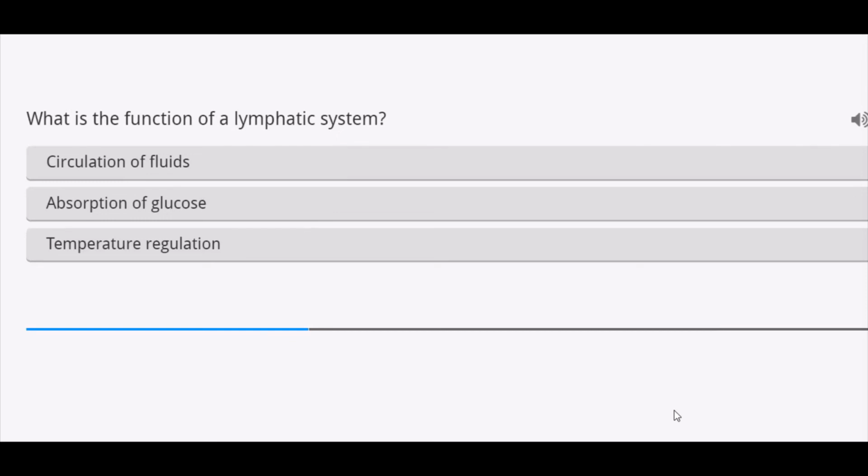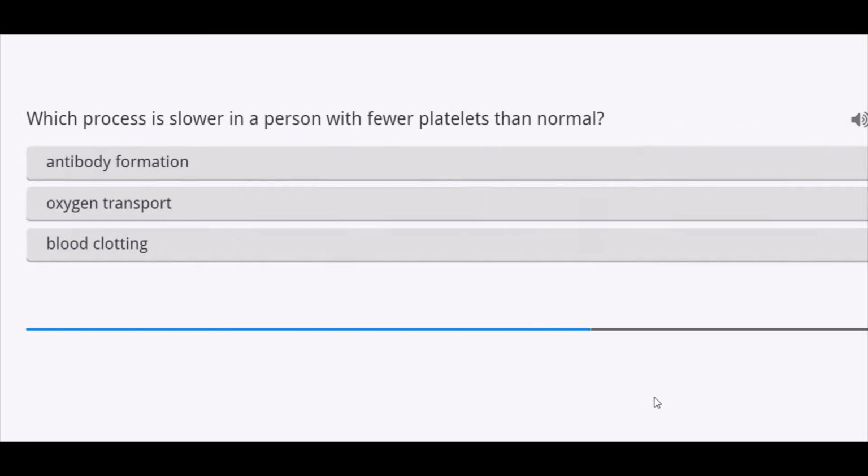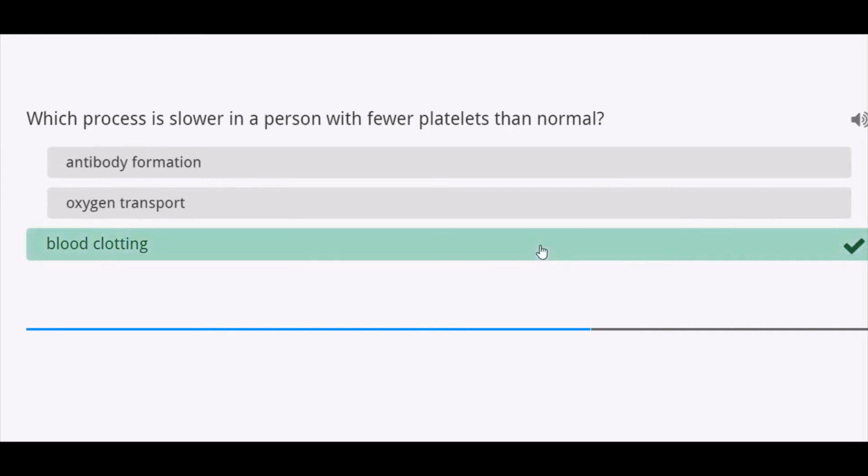Lymphatic system, in case I didn't mention it, is also part of the circulatory system, and the function is the circulation of fluids in the body. Which process is slower in a person with fewer platelets than normal? Is it antibody formation? Is it oxygen transport? Is it blood clotting? Platelet is responsible for blood clotting, so that will be blood clotting.